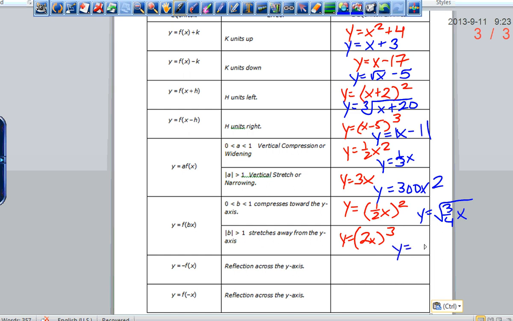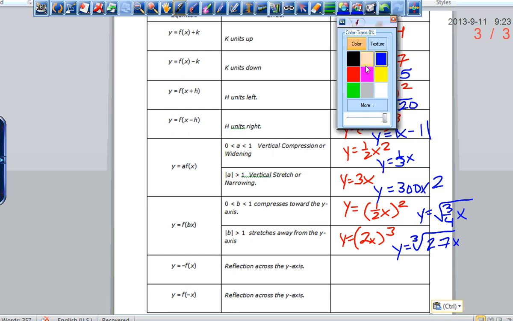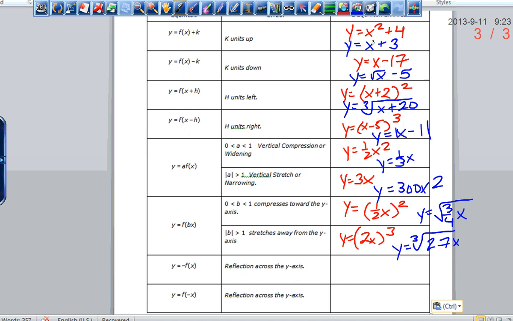Y equals, let's do cube root here, and 27. Just because we can. Let's see my red, white, blue thing going on. You're welcome. Cool.